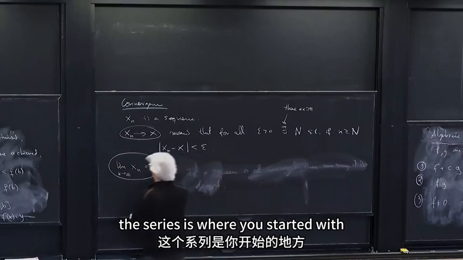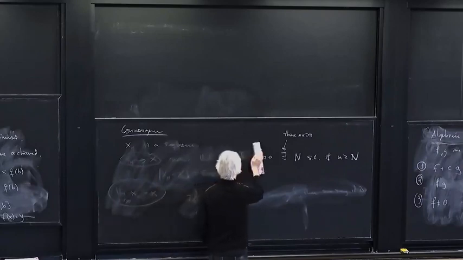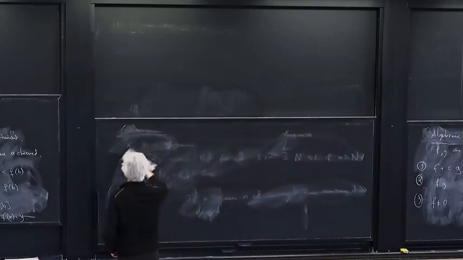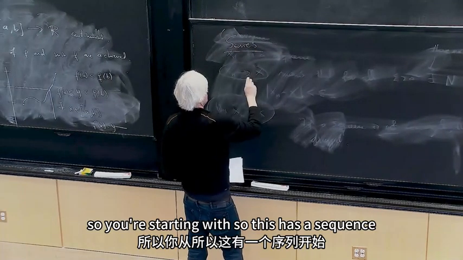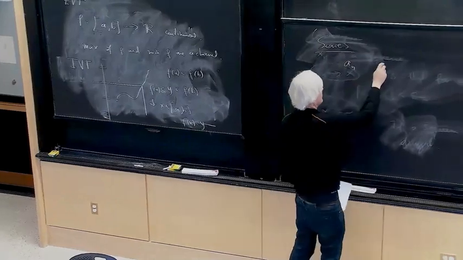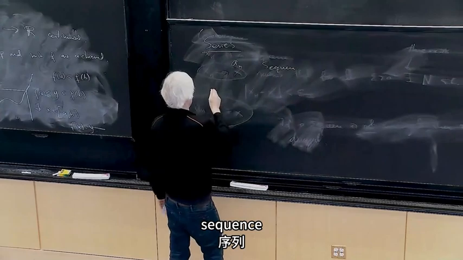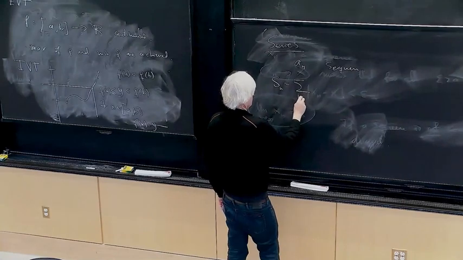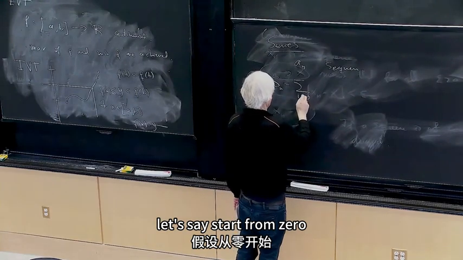So series is where you start with a sequence. So this here is a sequence. And now you form another sequence, Sn, but here you're summing, and it could start wherever you want to start it. Let's say it starts from 0.